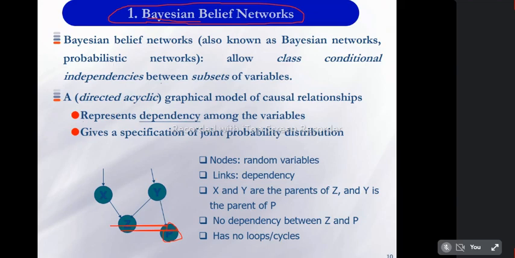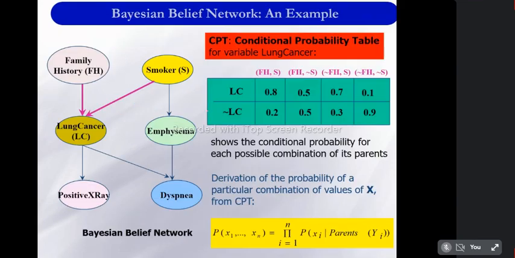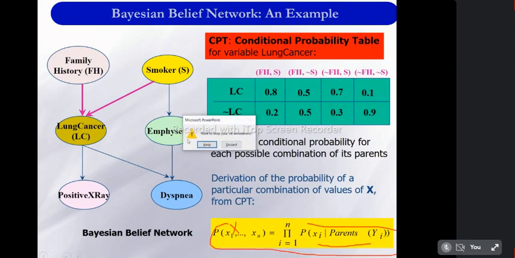This classification usually uses conditional probability. For example, this is the formula: the probability of some variable X is equal to the summation or product of the probabilities of a sequence of numbers. That is conditional probability.